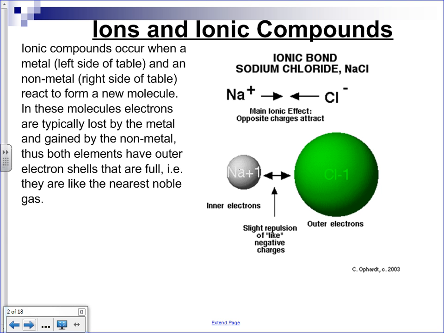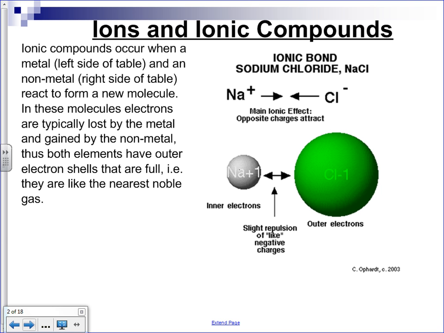Okay? In an ionic compound, these electrons essentially get traded. Okay? Metals typically give up electrons, where nonmetals typically accept them. All right? So there's this kind of trading that goes on when an ionic compound forms. All right, so a nonmetal will pick up an electron and a metal will lose it.